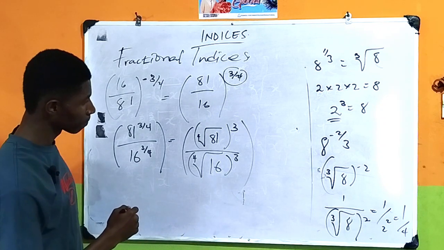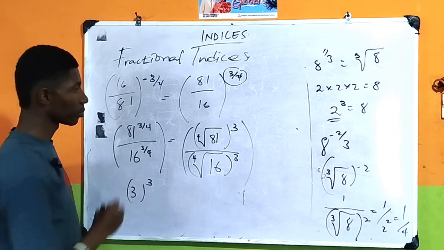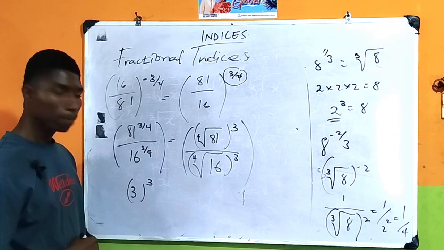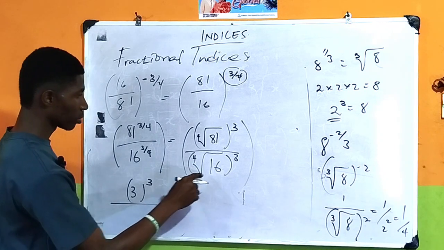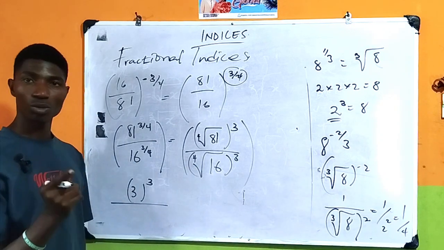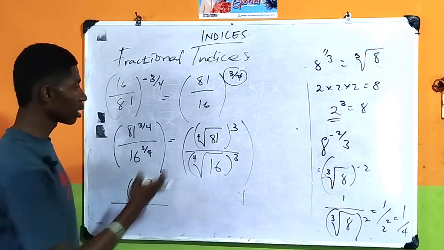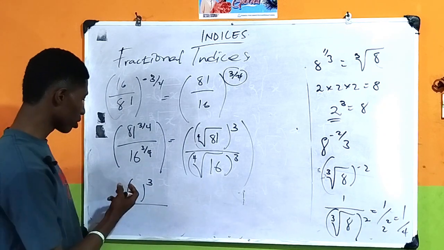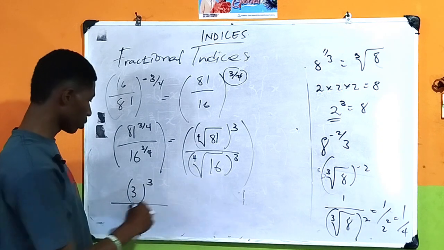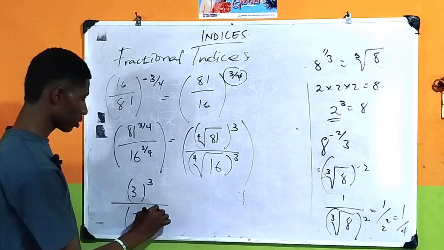So I have 3 power 3 over the fourth root of 16, which is equal to 2, because 2 power 4 is equal to 16. 3 power 4 is equal to 81, so the answer is 3. And 2 power 4 is equal to 16, so we have 2 all power 3.